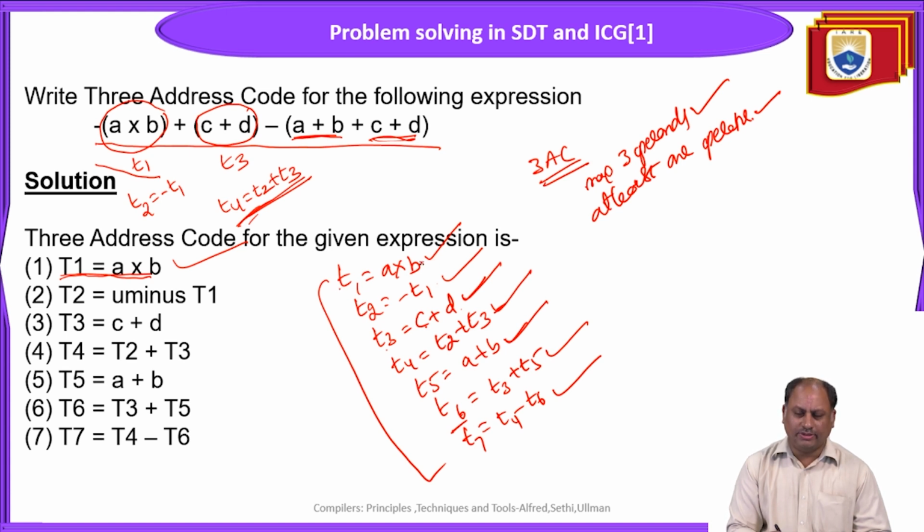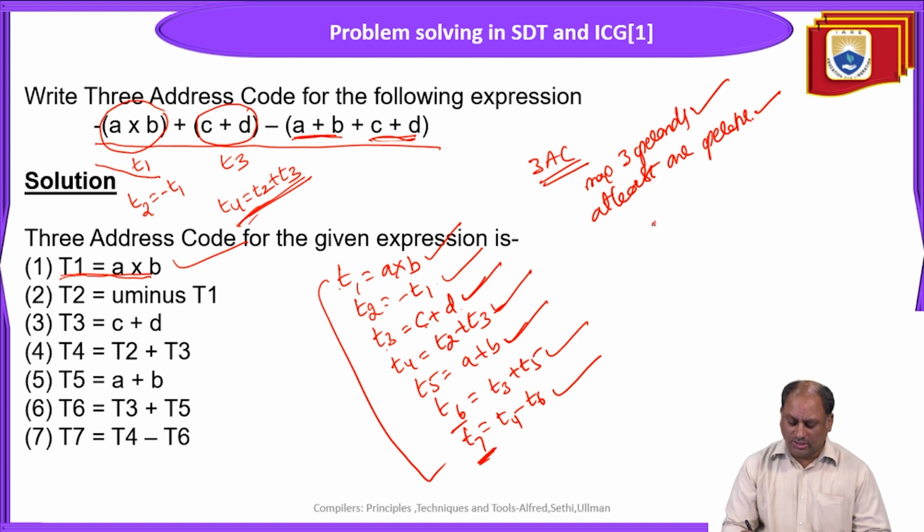Here t1: a, b operands, operator is into. t2: t1 operand, operator is minus. t3: c, d operands, plus is the operator. t4: t2, t3 operands, plus is the operator. t5: a, b operands, plus is the operator. t6: t3, t5 operands, plus is the operator. t7: t4, t6 operands, minus is the operator. Like this, we make every given expression into three address code notation, and finally we reach the result in t7.